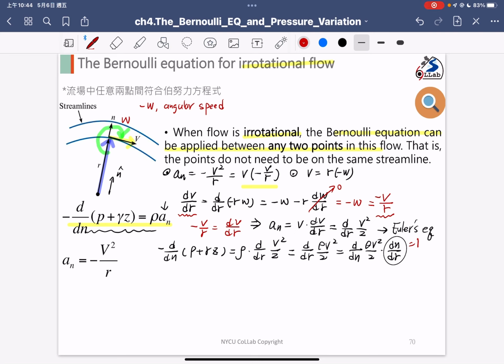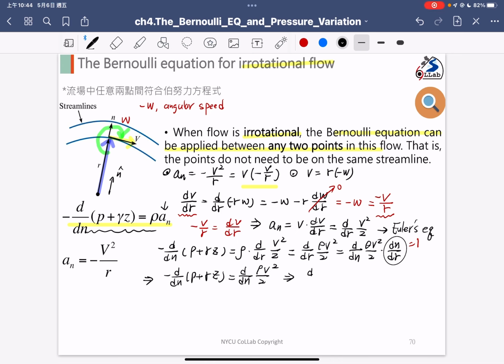This item will equal 1. So we can rewrite the equation as d/dn of (P plus gamma Z) equal to d/dn of (1/2 rho V squared). Okay, and we can also rearrange the equation.